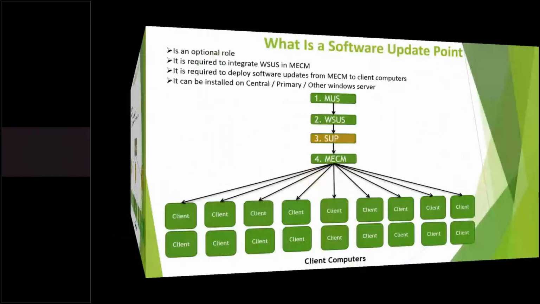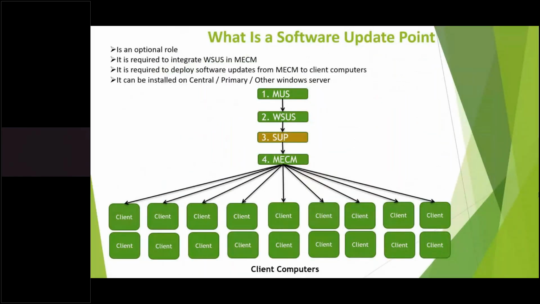Now, software update point. Software update point is to deploy updates. Suppose you have thousands and thousands of computers, 10,000 computers or 20,000 computers, and you need to deploy updates to those machines. Who will release the update? How will you get the update? You can get the update from Microsoft.